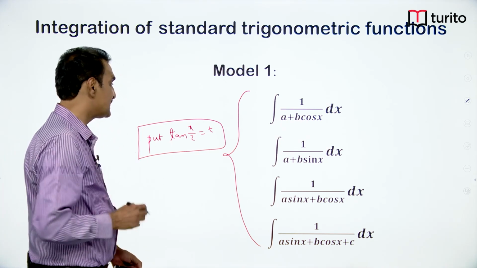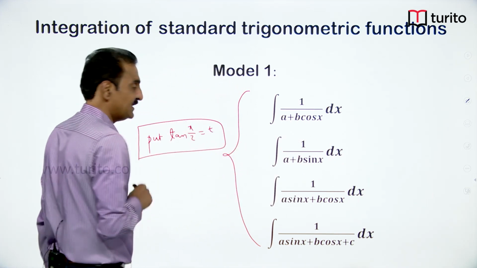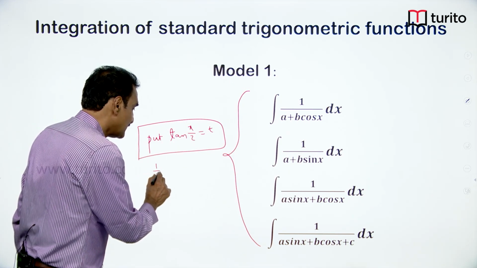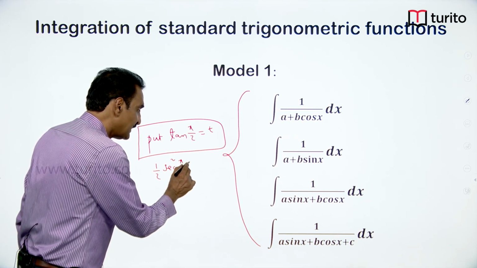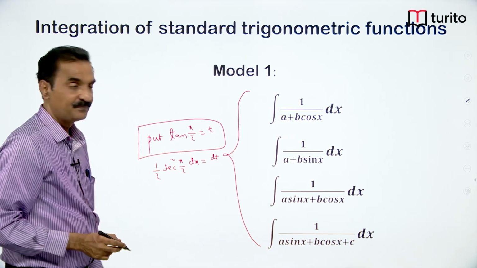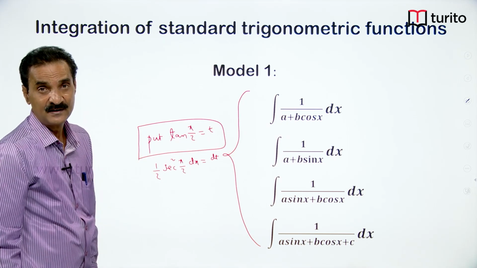And when you put tan x by 2 is equal to t, we should write dx in terms of dt. How? Derivative of tan x by 2 is half secant square x by 2 dx is equal to dt, but half secant square x by 2 is not there in the integrand.